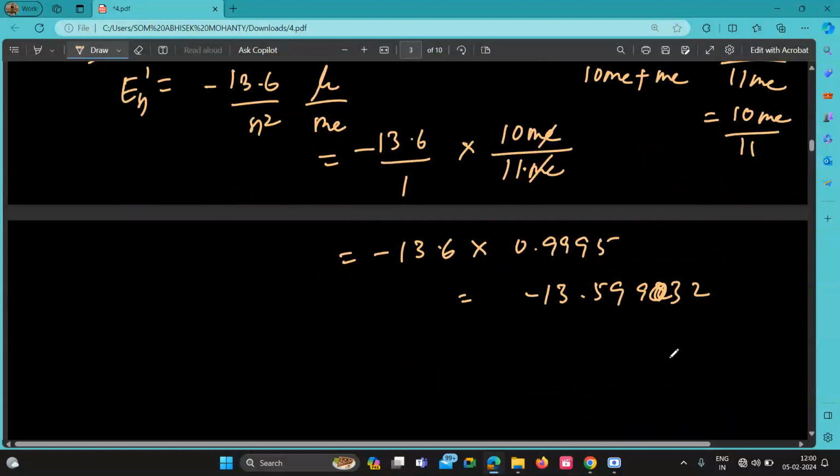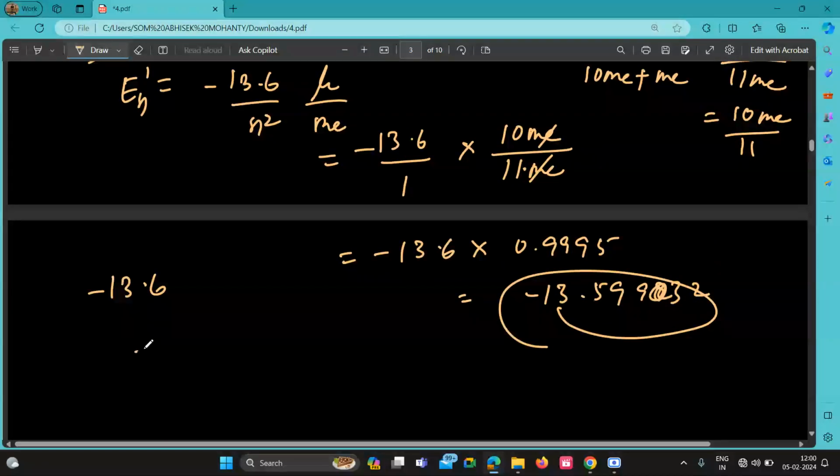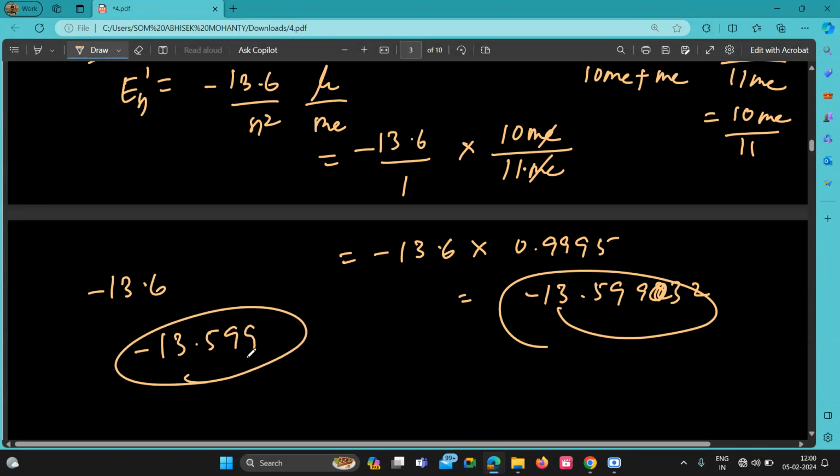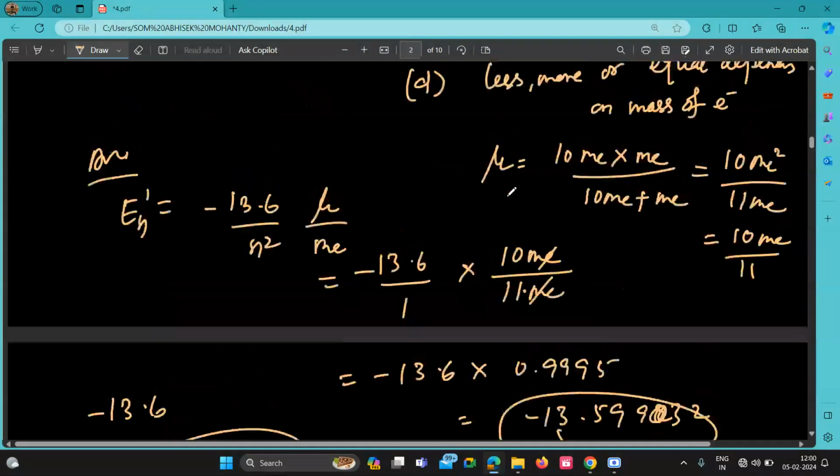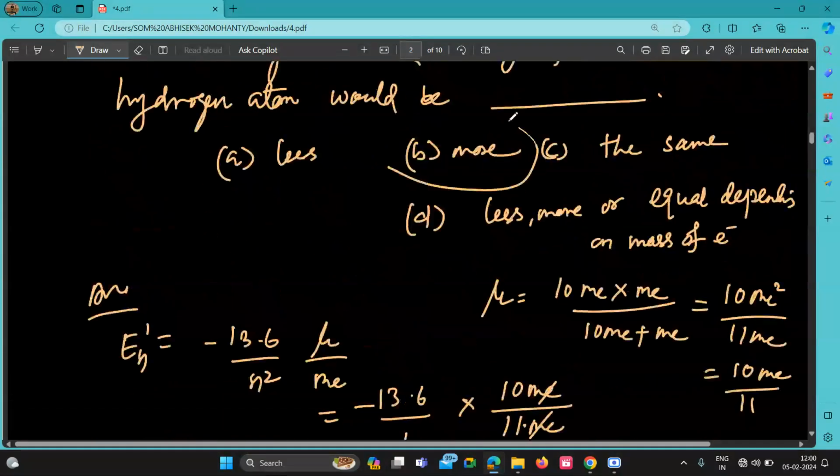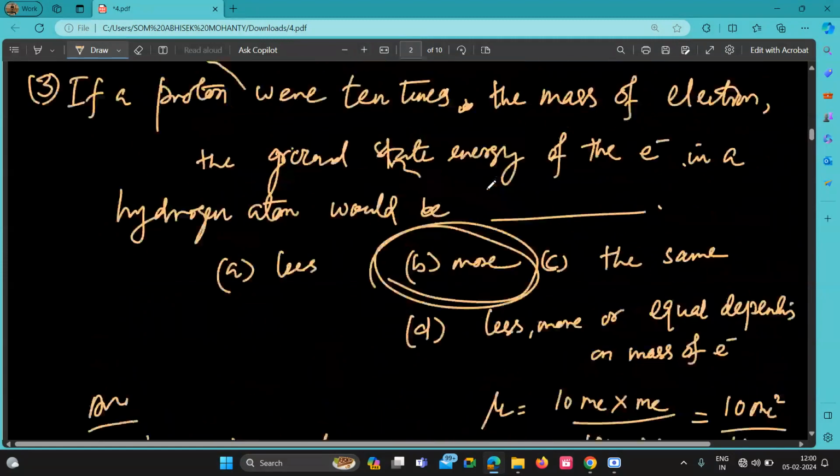Is it more or less? It's actually more. Minus 13.6, this is minus 13.599. So this is actually more, isn't it? In negative terms, right? So the answer will be more. So this is question number 3.